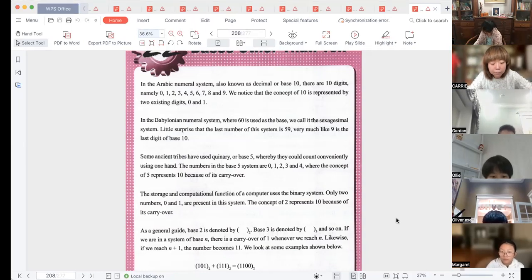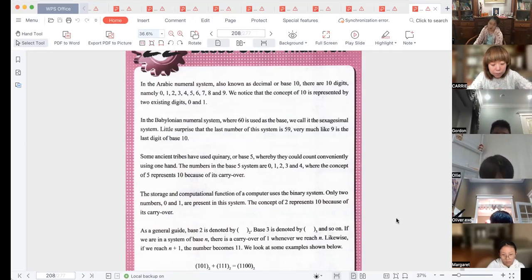In the Babylonian numeral system, where 60 is used as a base, we call it the sexagesimal system. Note that the last number of the system is 59, much like 9 is the last digit of base 10.